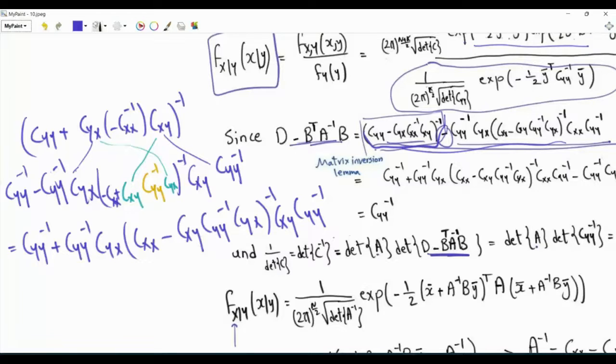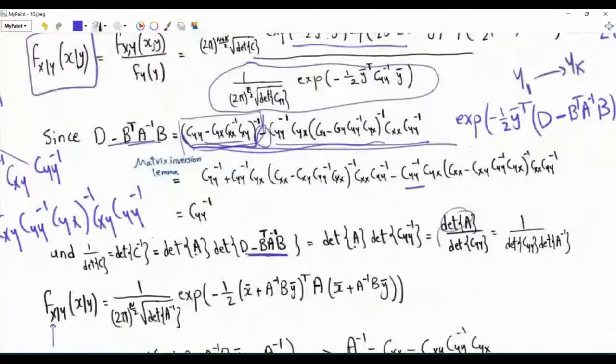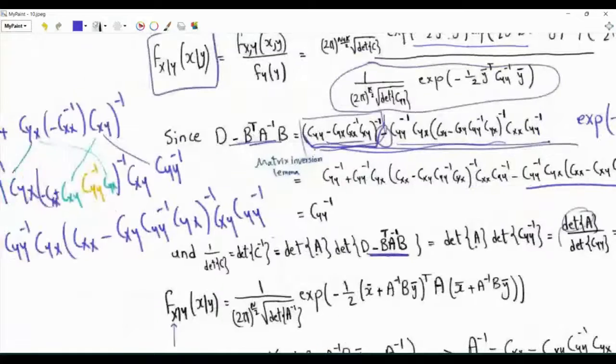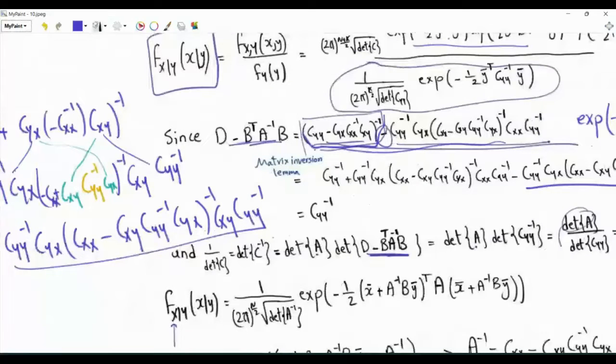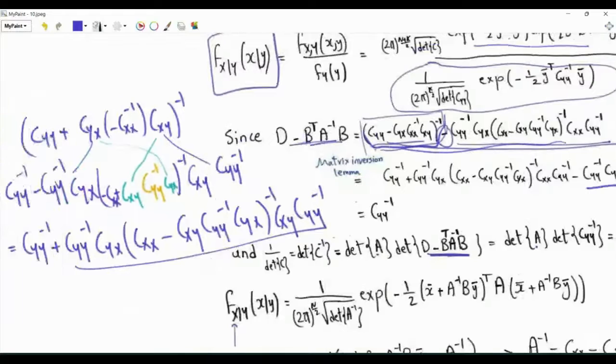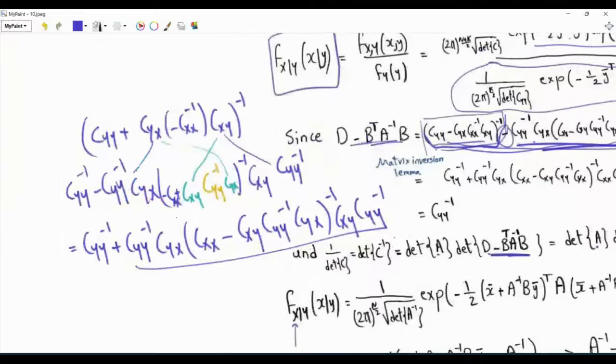However, this is the good news. This is exactly equal to that. So these 2 monsters will devour each other, and so this one is like this one. These 2 monsters will disappear, and the only surviving term is this one here, the inverse of CY.